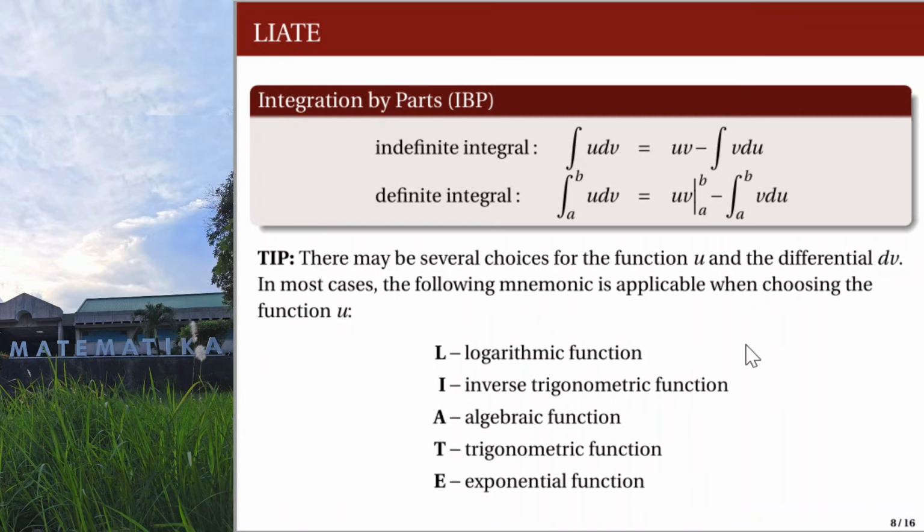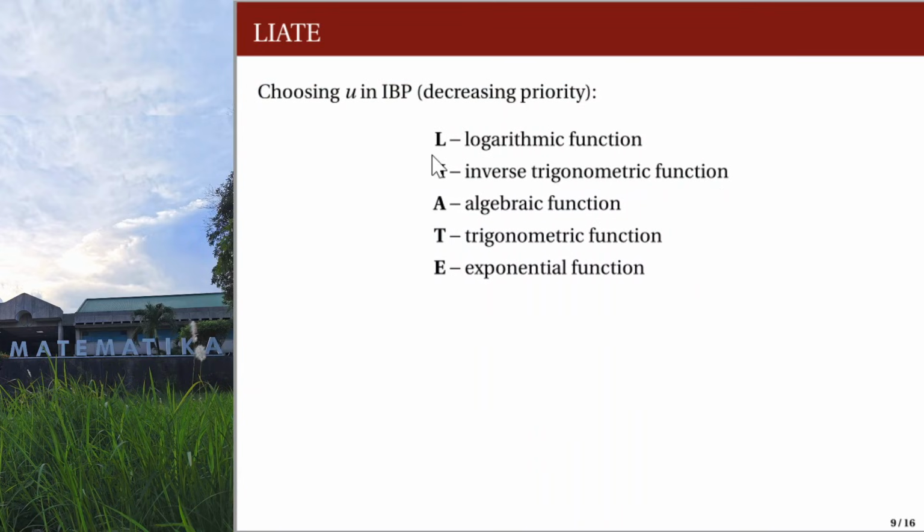Okay, so paano ba ginagamit yung LIATE? Ginagamit natin yung LIATE para mahanap yung magandang choice for u pag nag-IBP tayo. And this list is of decreasing priority. So, for example, dun sa ginawa natin kanina na integral of x e to the x dx, ang una nating gagawin ay identify natin anong klaseng functions yung nasa product natin.